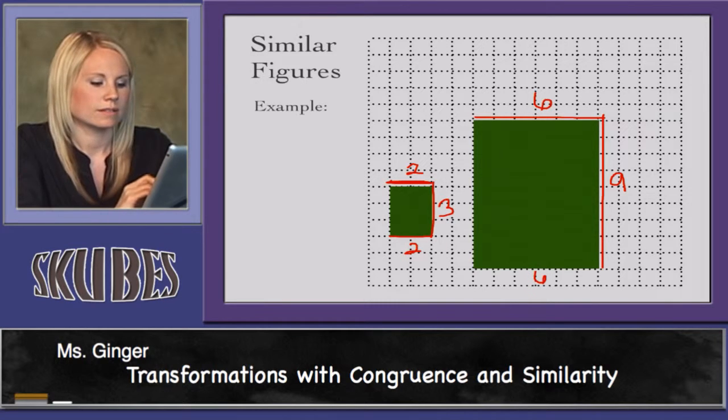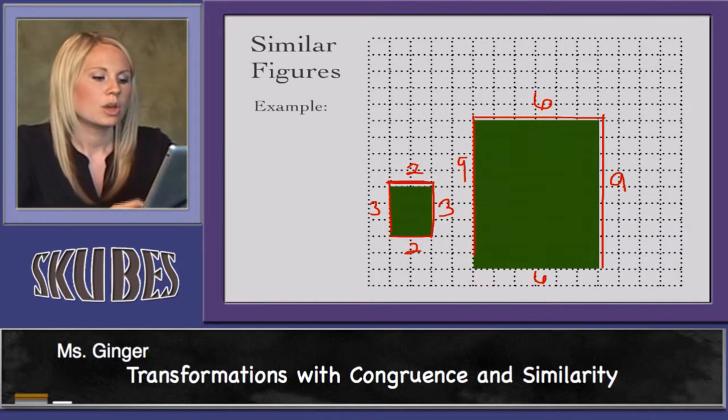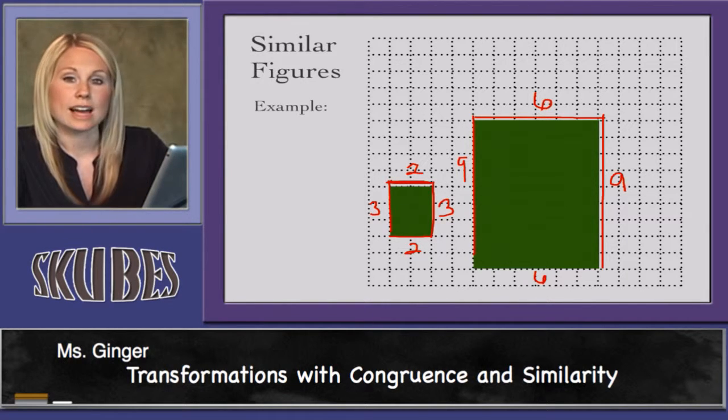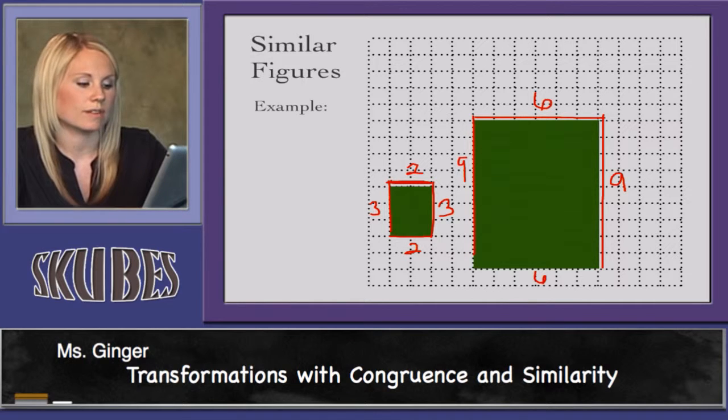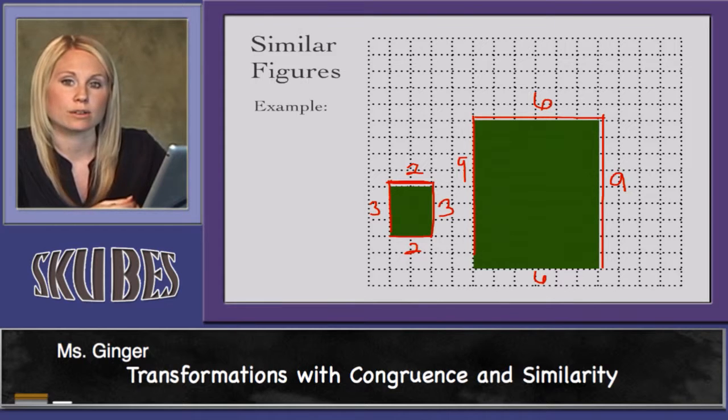Filling all these in, they will follow the same relationship. What's happened here is there has been a dilation performed on this pre-image to create the final image. Dilations, remember, are shrinks or stretches to our figures.